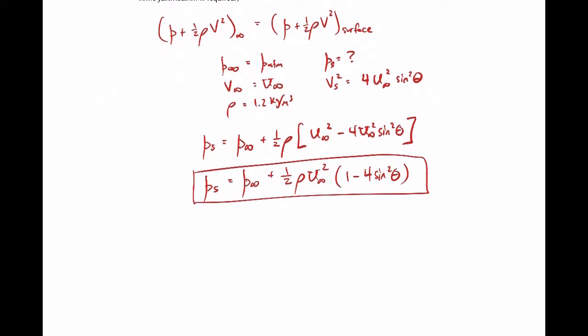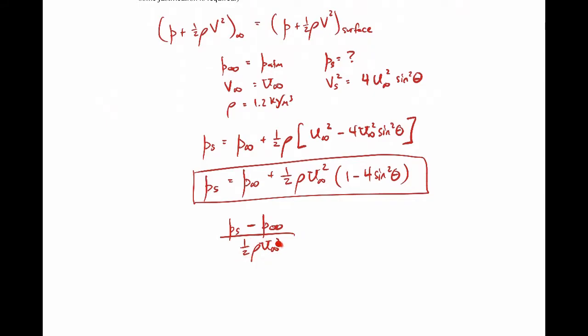We can write that in dimensionless form. What I mean by that is, if you look at this, we have dimensions of pressure here. If we do a little rearranging, let me go ahead and rearrange it. I'm going to bring the P infinity to the left-hand side and divide through by the 1/2 rho u infinity squared. If you look at that, this is actually dimensionless now. We've got pressure here, a pressure here.